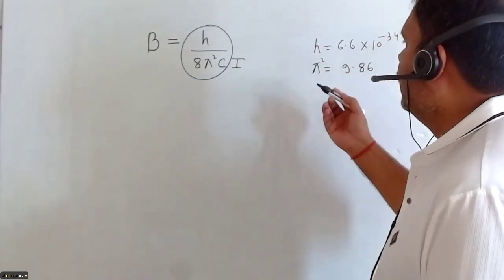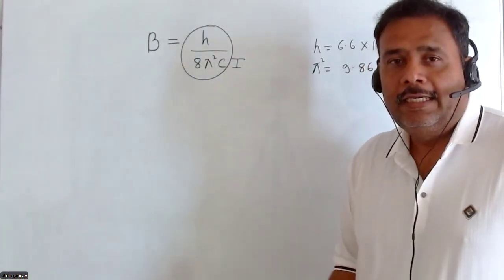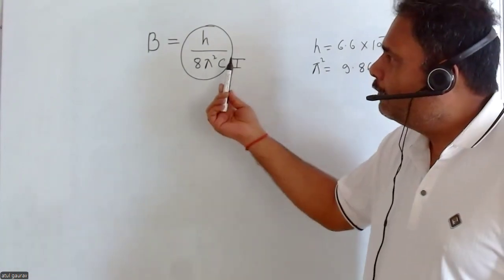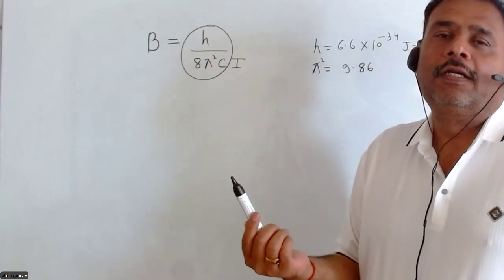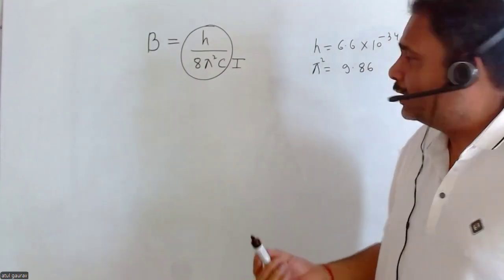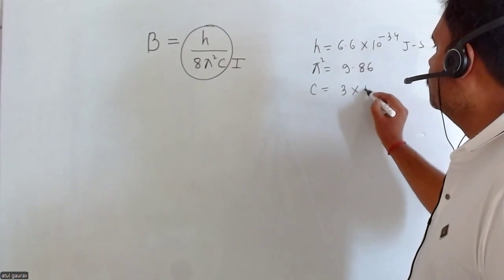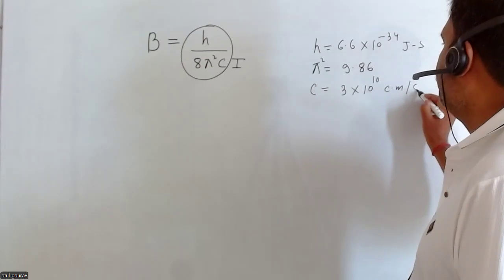And what we have to do is just put the value of c in CGS. That is the trick here. Because once we put the value of c in CGS, we will get this B in centimeter inverse. So what is the value of c? This c is equal to 3 into 10 to the power 10 centimeter per second.